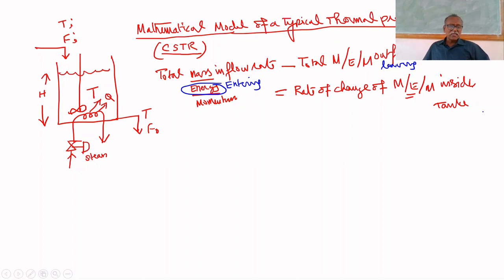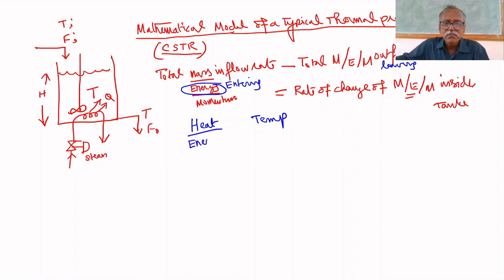So total energy entering is... what is the difference between temperature and heat? Heat, temperature. Heat is energy. Temperature is a gradient, an energy gradient. Gradient, in the electrical way if you want to understand, is like voltage.